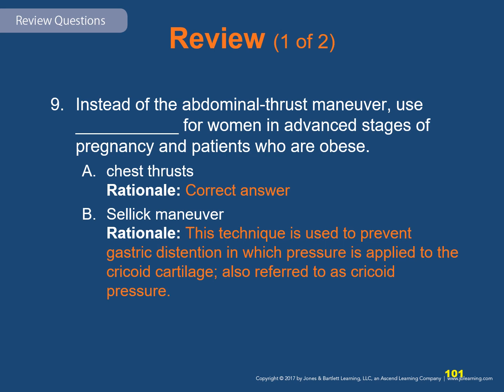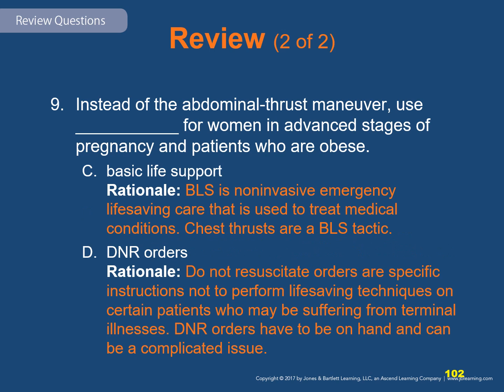The rationale for B. This technique is used to prevent gastric distension, in which pressure is applied to the cricoid cartilage, also referred to as cricoid pressure. Rationale for C. BLS is non-invasive emergency life-saving care that is used to treat medical conditions.